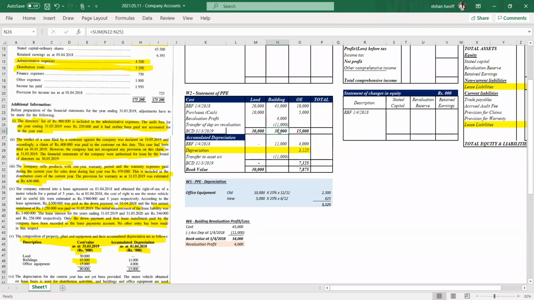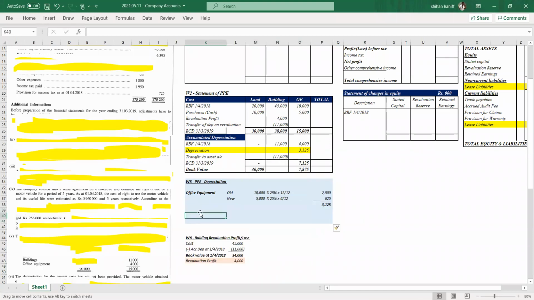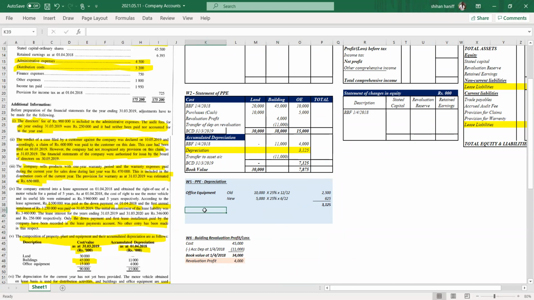So you should get the answer as 38,000. That's the balance carried down cost, 38,000. Then we can depreciate the building.